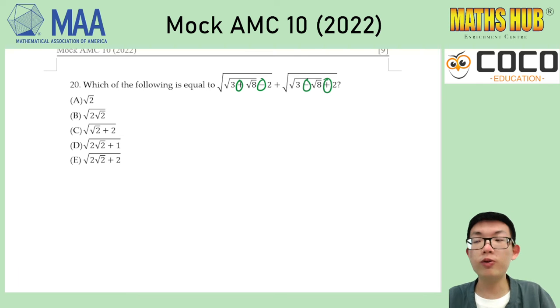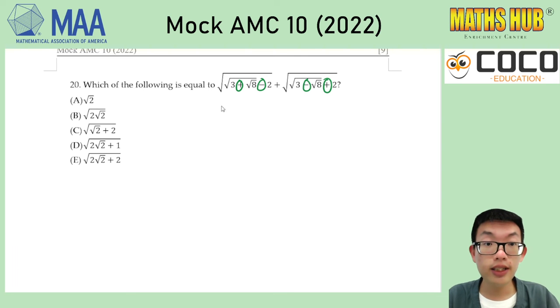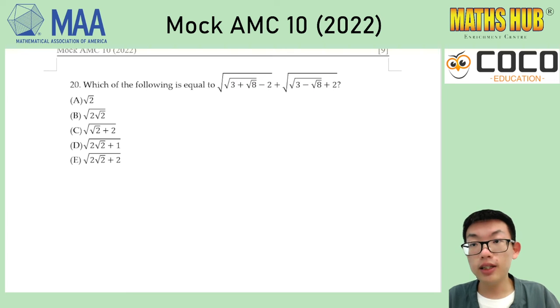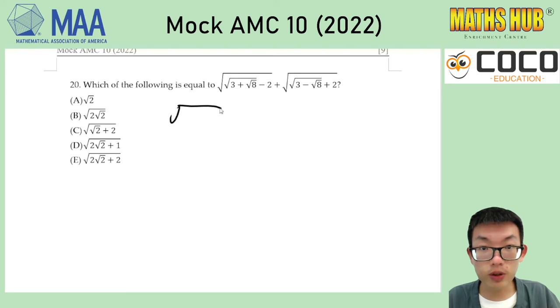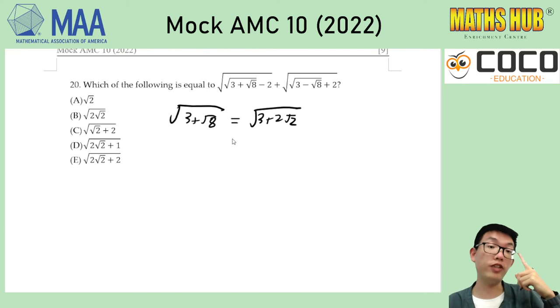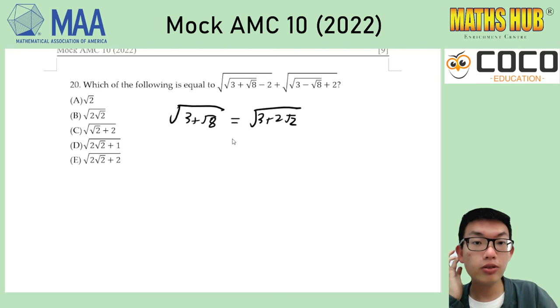I'm not going to show you why, because they aren't conjugates here, at least not the entire thing. You have got two different sign flips, so that's not so nice. So I would like to deal with the individual square roots first. I hope I'll be able to simplify them. And most of the time, it is useful to simplify the inner square root first. So you get 3 plus 2 square root 2.